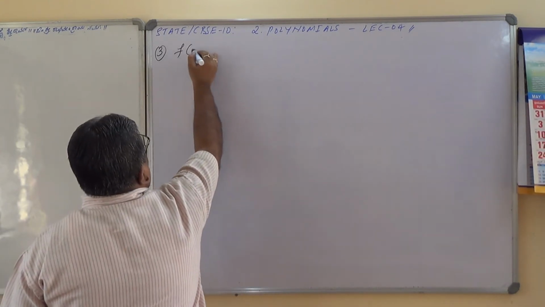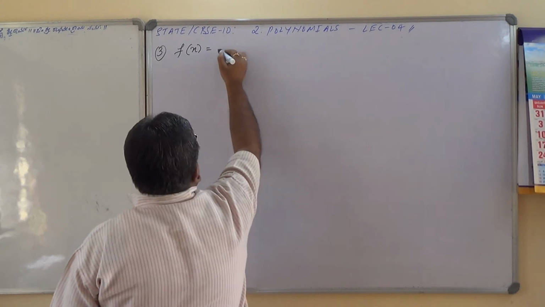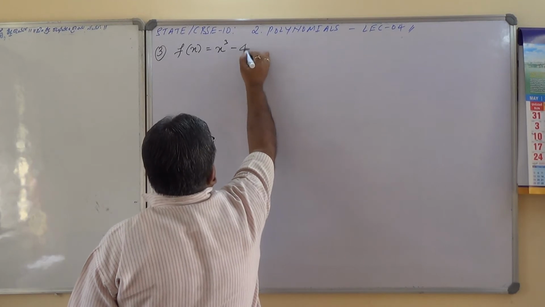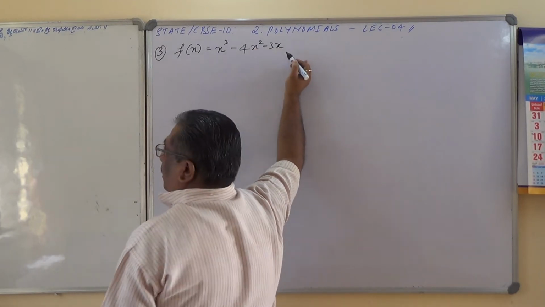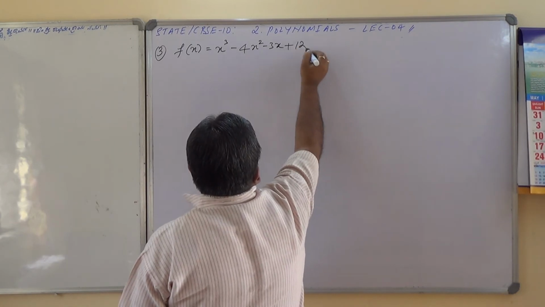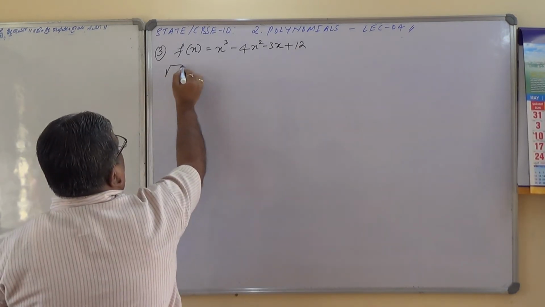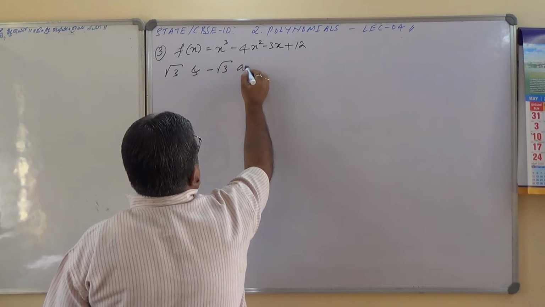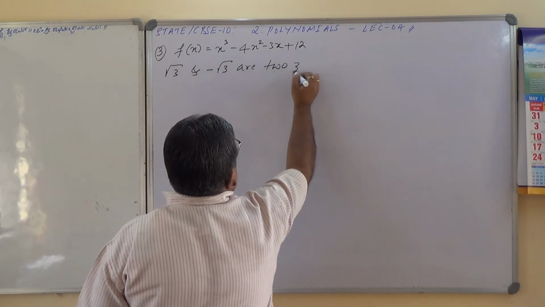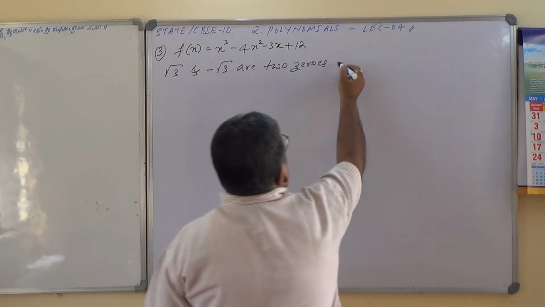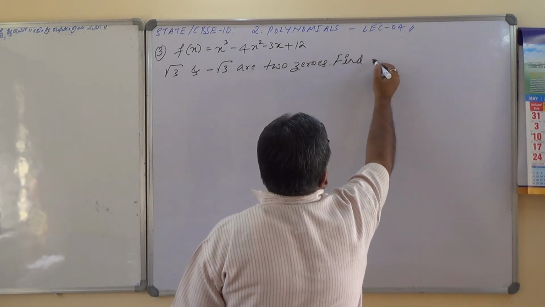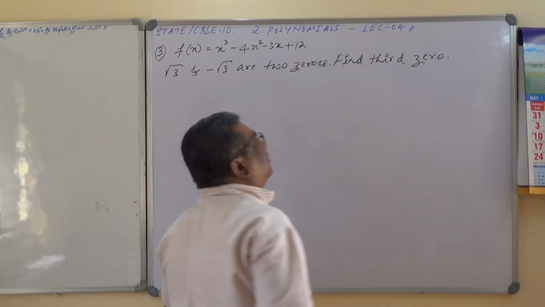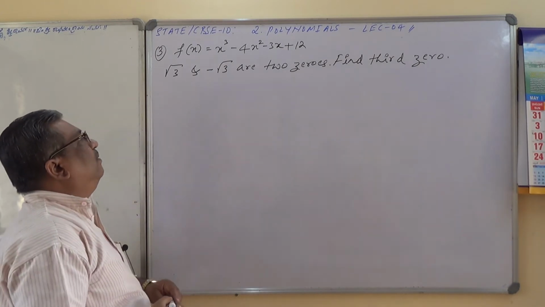See, given f of x equals x cube minus 4x square minus 3x plus 12, and root 3 and minus root 3 are two zeros. Find the third zero. So how do you find out now?